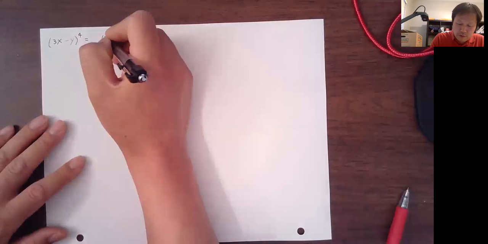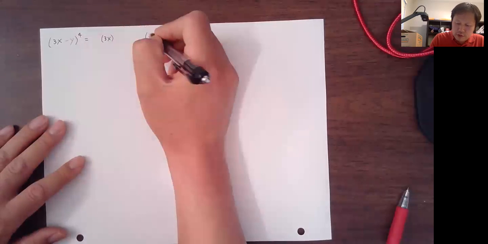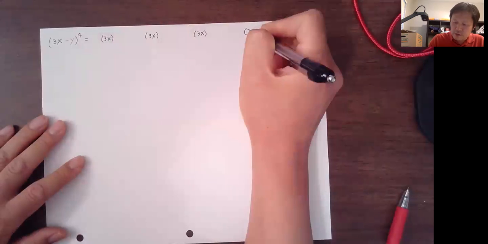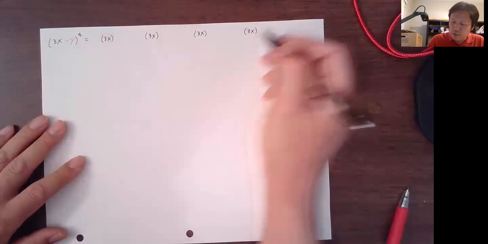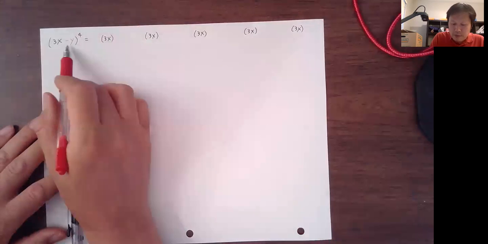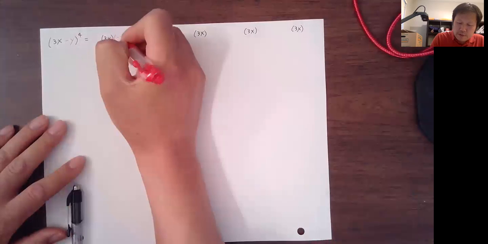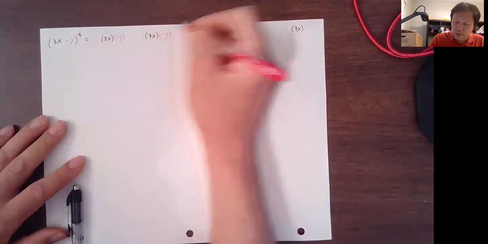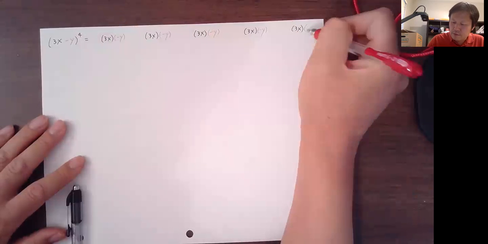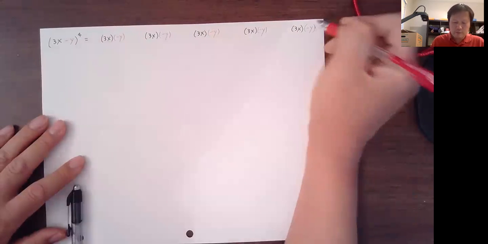So 5 times 3x, 3x, 3x, 3x, 1, 2, 3, 4, need one more, 3x. The second term is minus y, so you get parenthesis minus y, parenthesis minus y, and so on.